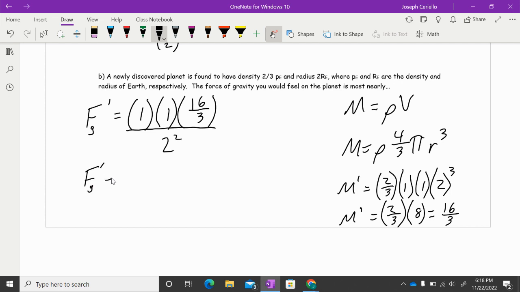So Fg prime is equal to 4/3. So 4/3 times 686 is equal to... I made a mistake there.